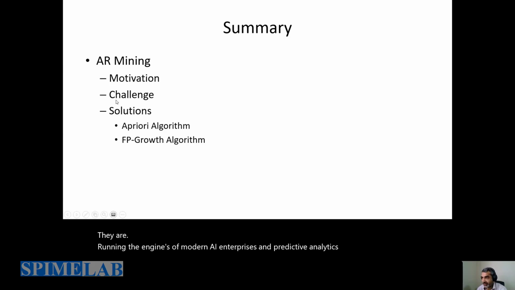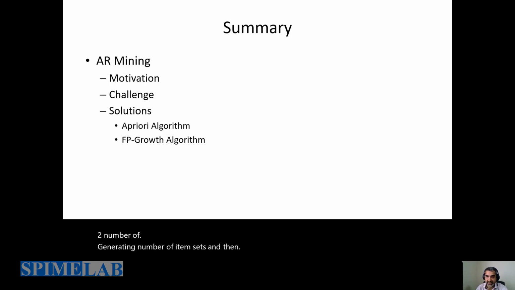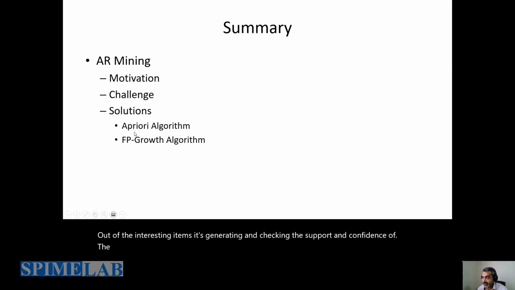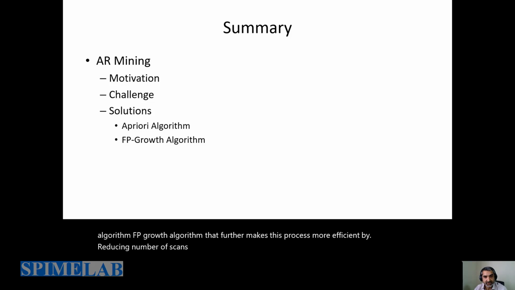The challenge there is generating the number of item sets, and then out of the interesting item sets, generating and checking the support and confidence of the rules. We looked at the Apriori algorithm to reduce that number, and then an even better algorithm, the FP growth algorithm, that further makes this process more efficient by reducing the number of scans and avoiding generation of item sets altogether.